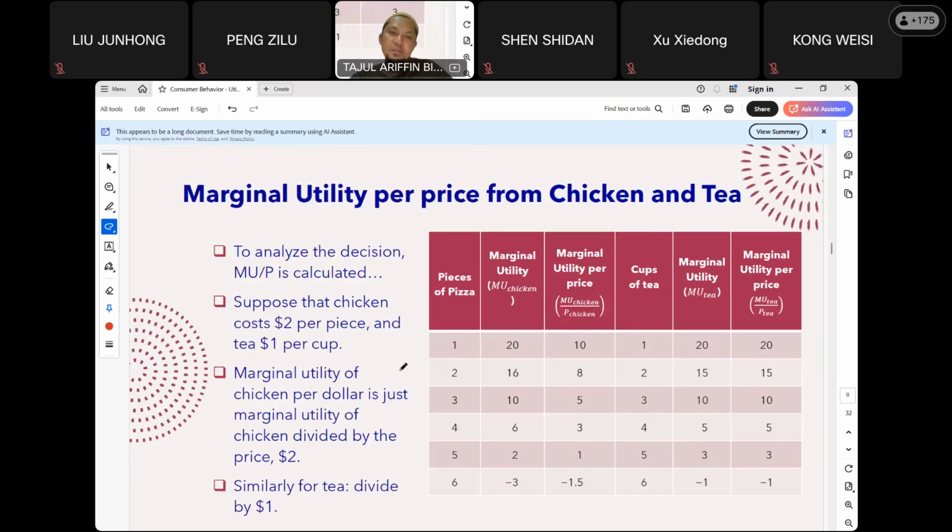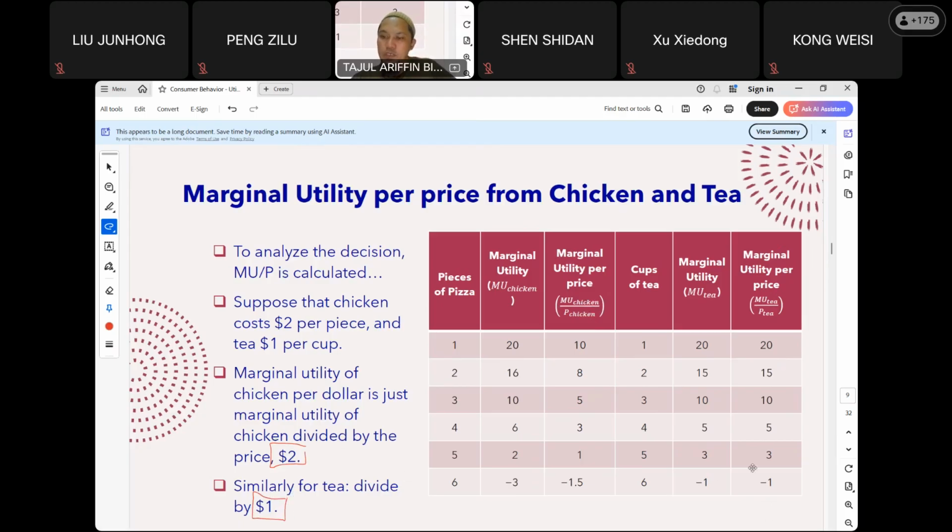So we include here the marginal utility per price. Chicken: MU of chicken divided by the price of chicken. The price of chicken is $2 per piece, and the price of tea is $1 per cup.